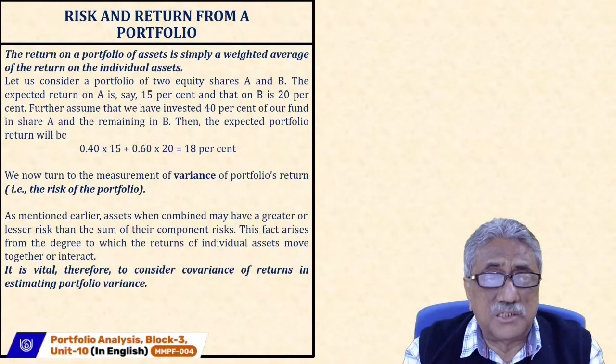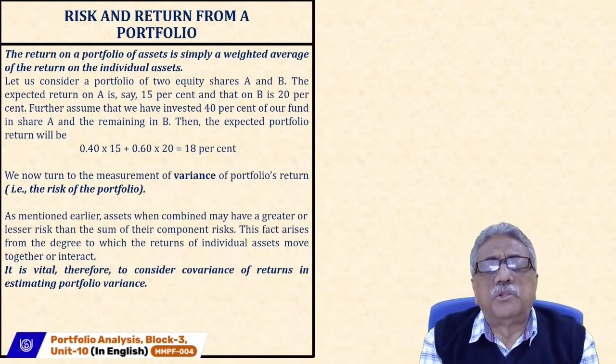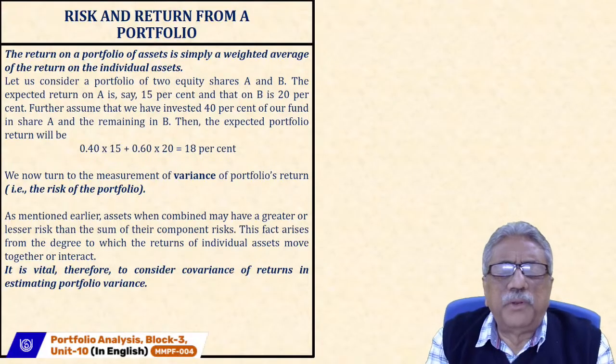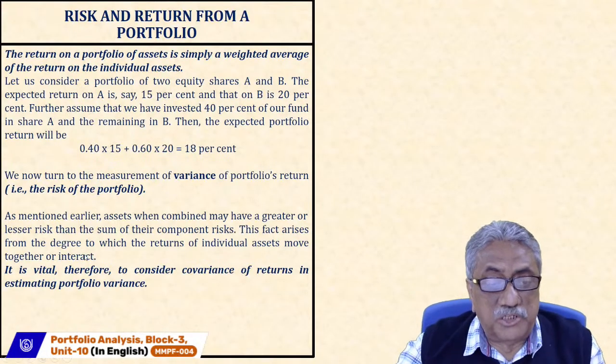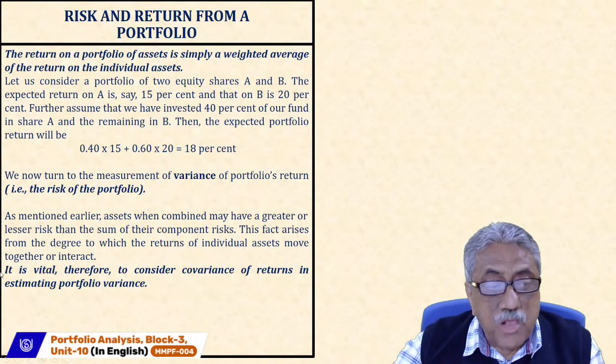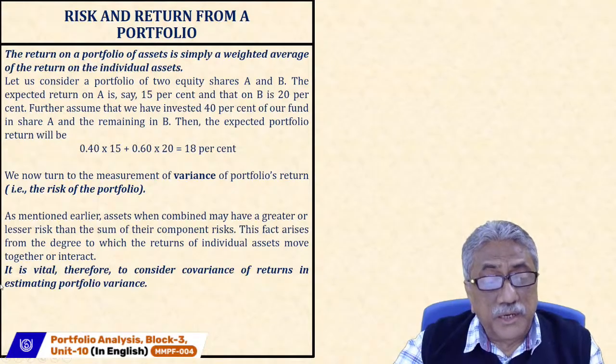So this is a portfolio phenomenon, because now you are playing with not only one share, you are playing with 2, 3, 4, 5, 6, 7, depending on how many shares you can buy. So it is vital, therefore, to consider covariance of returns in estimating portfolio variance.